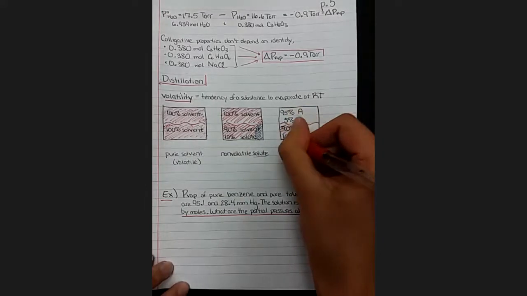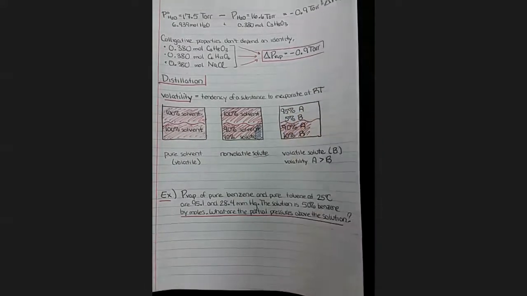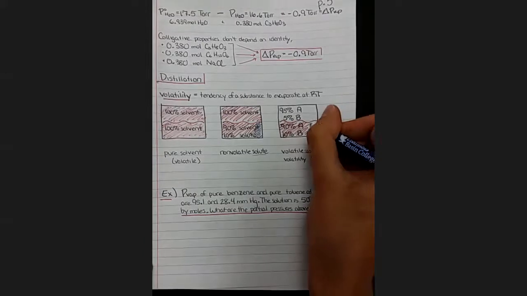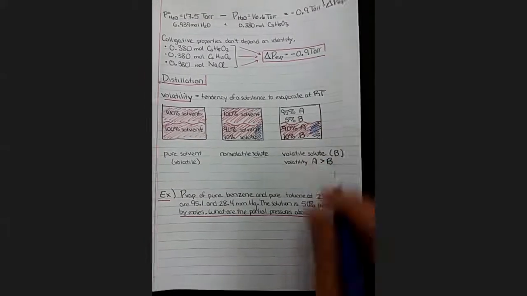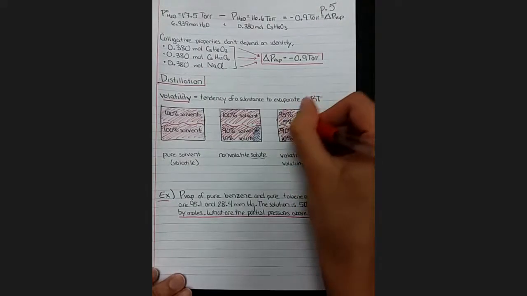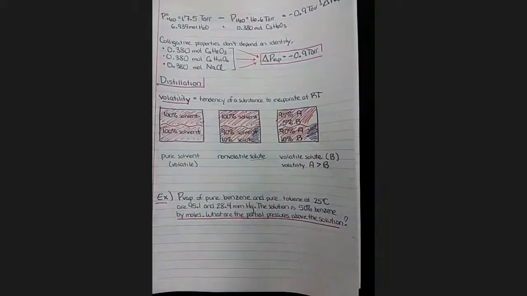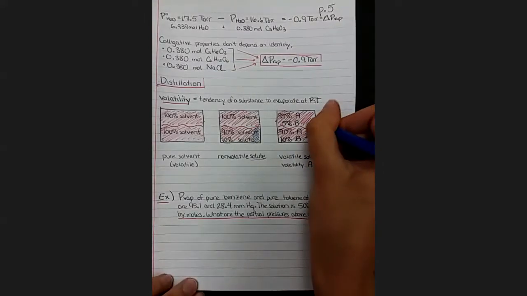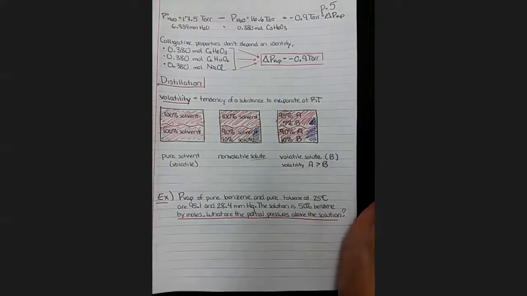So we're going to have 90% A and 10% B in the liquid phase. And in the gas phase, we're going to have 95% A and 10% B.